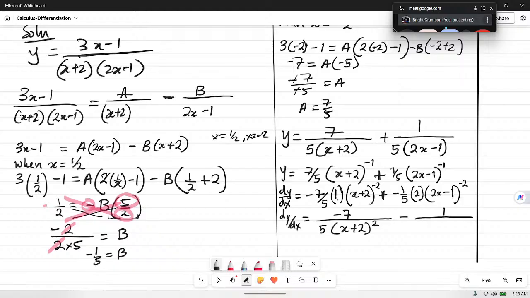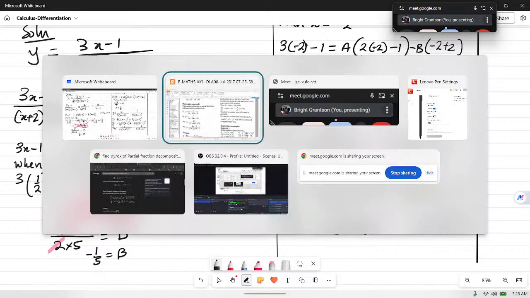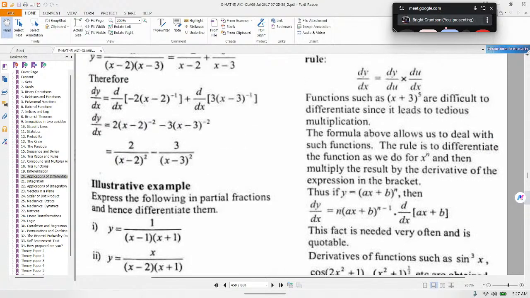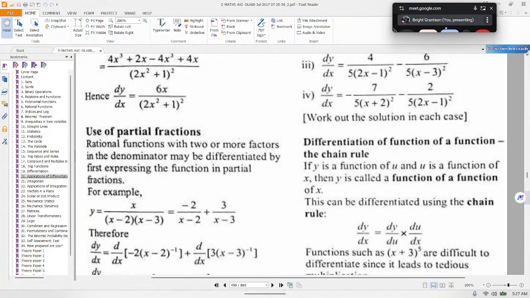Wait, this 2 is multiplying 1, so here should be 2. Then bring a 5, bracket open 2x minus 1 exponent 2. Okay. Let's go look at the solution. Fourth one. Yeah, exactly that. Well done.